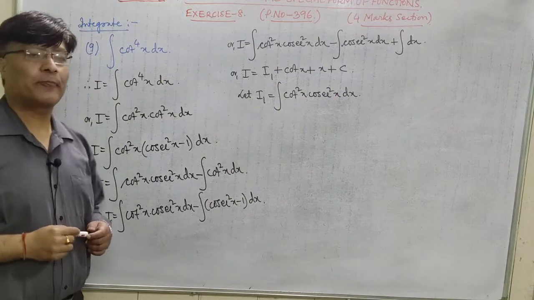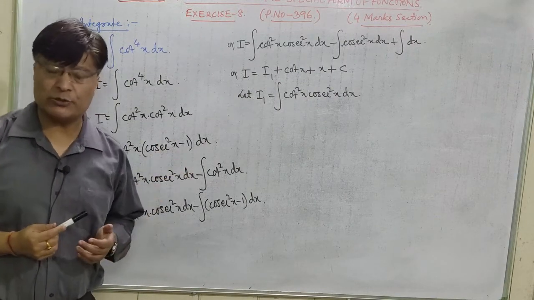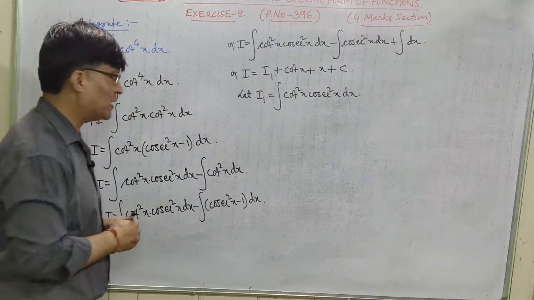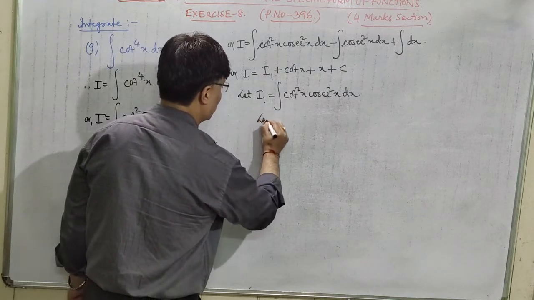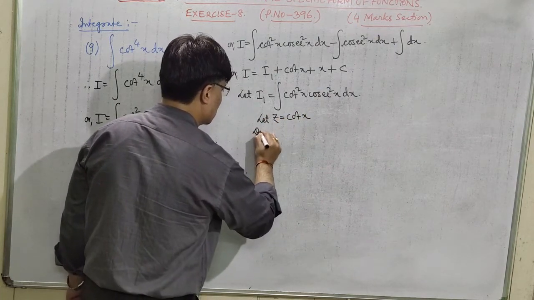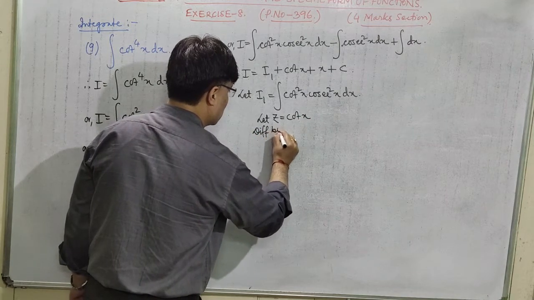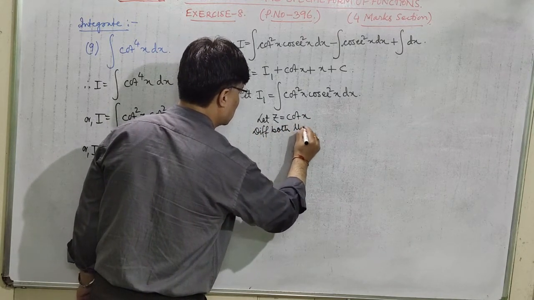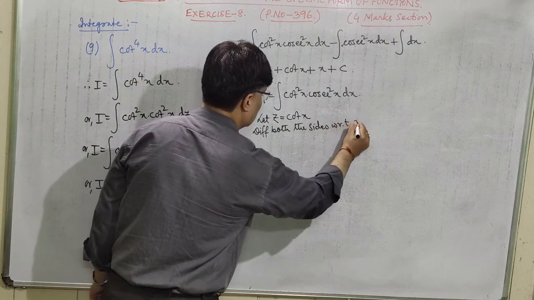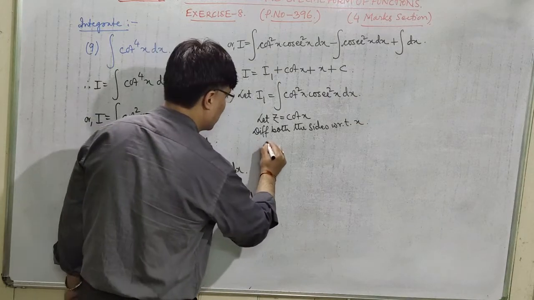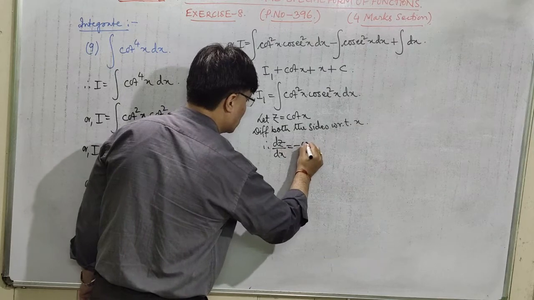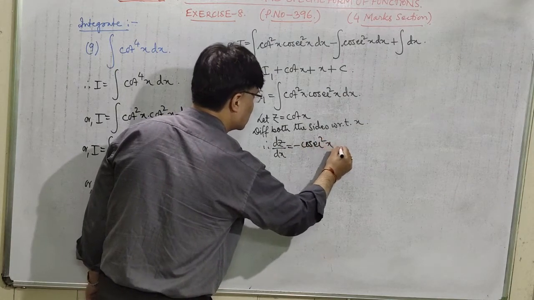You know that in this case you have to use the method of substitution, because the differentiation of cot x is minus cosec square x. So let z be equal to cot x. Differentiating both sides with respect to x, dz by dx is equal to minus cosec square x.